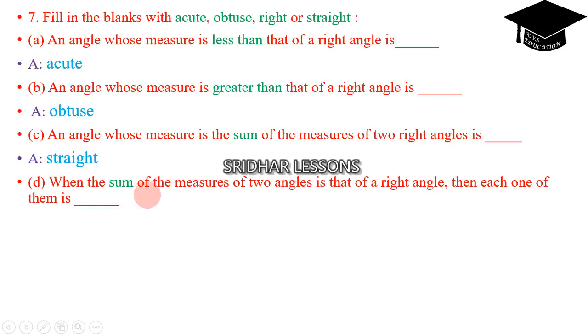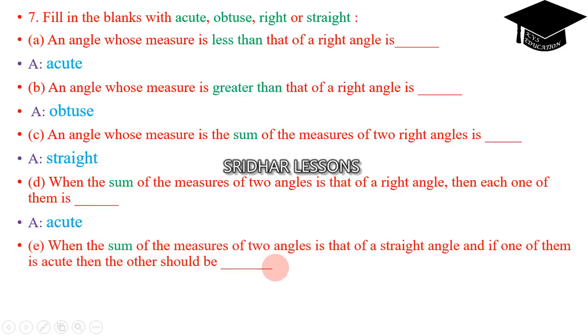When the sum of the measures of two angles is that of a right angle, then each one of them is 45 degrees, so it is acute. When the sum of the measures of two angles is that of a straight angle, and one of them is acute, the other should be obtuse only.